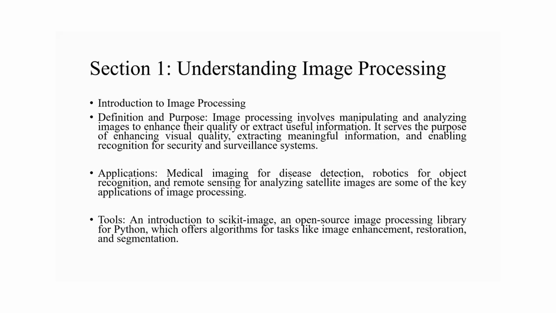Before understanding image processing, we need to understand about the image, a digital image. A digital image is an array or a matrix of square pixels, which contain picture elements arranged in columns and rows, which we call a two-dimensional array.